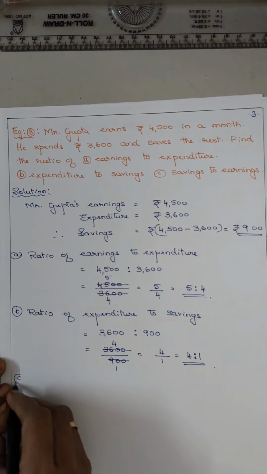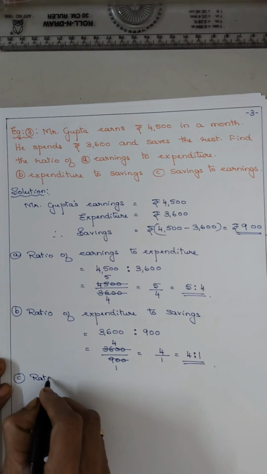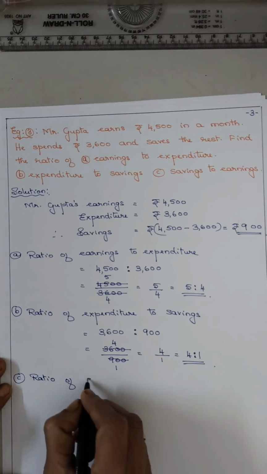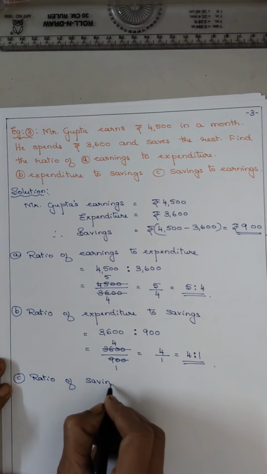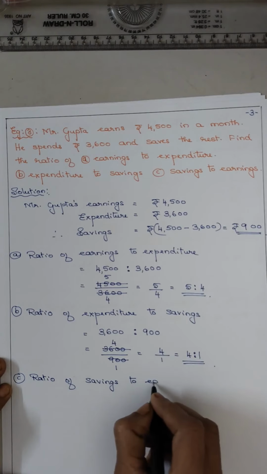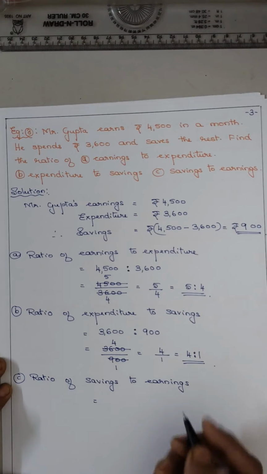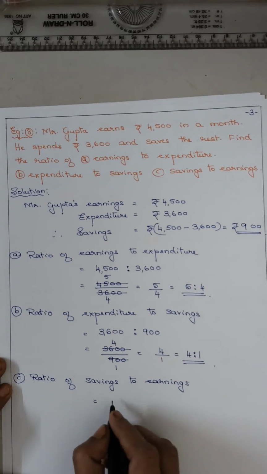Now coming to question C, the ratio of savings to earnings. Right, savings how much? 900.